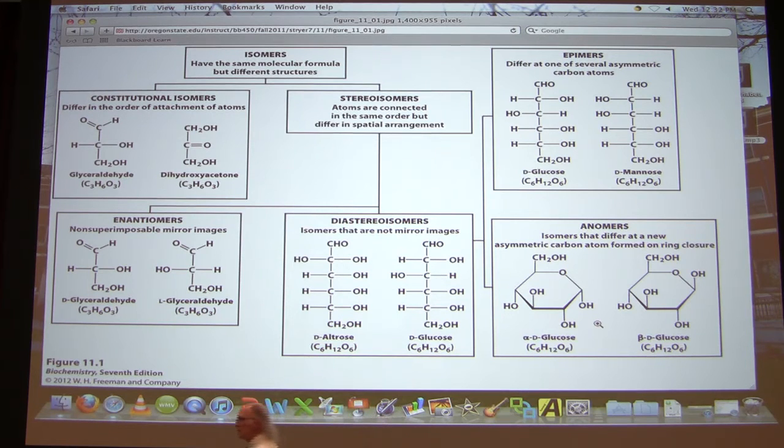They only differ in configuration by one hydroxyl. So if we look at this one, on the left, on the left, on the right, on the right, on the right. The only place they differ is right here. These two are epimers of each other. They're not mirror images. They only differ in the configuration of carbon number 2.